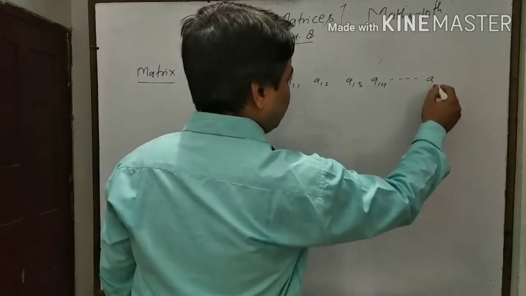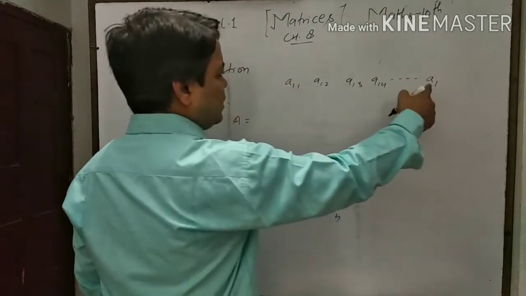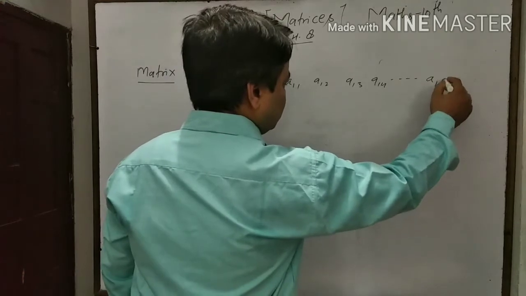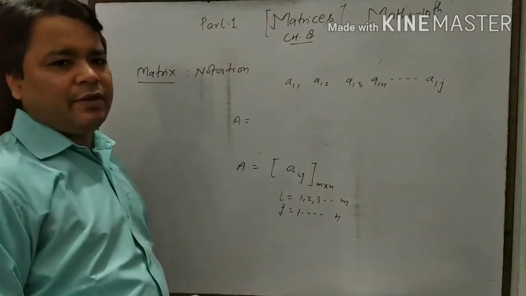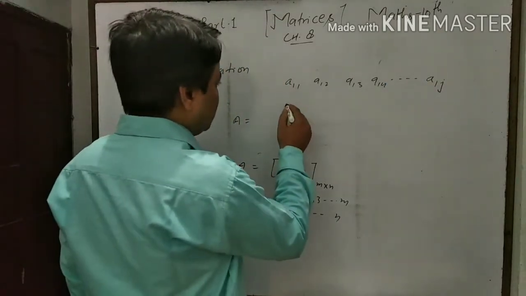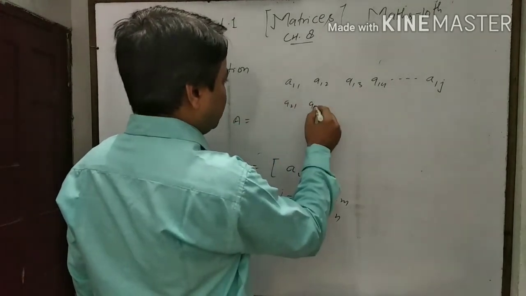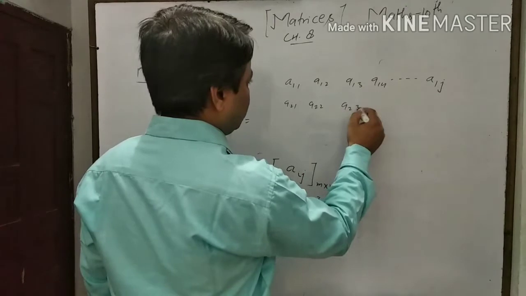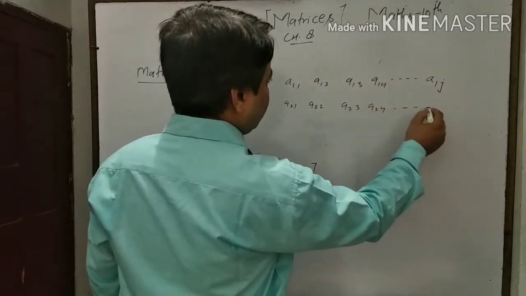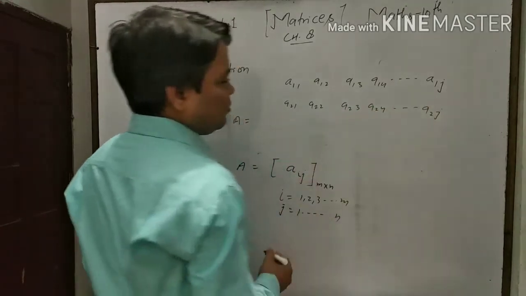In this way a1j, where j is the column. Similarly, here a21, a22, a23, a24, again up to a2j.